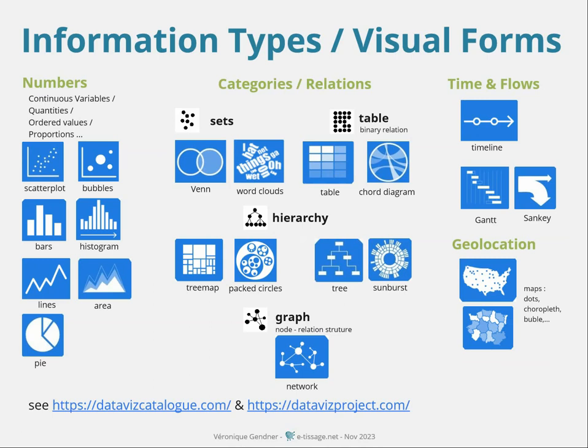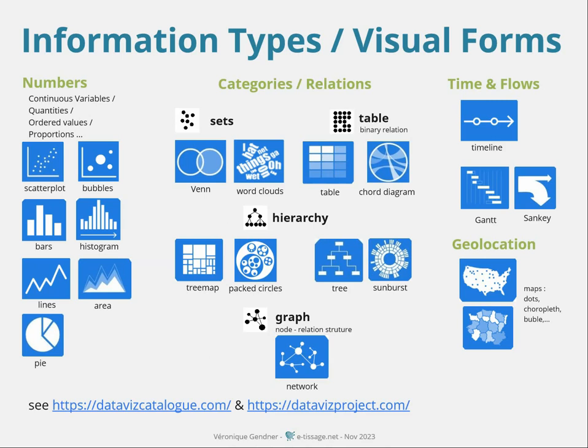4 main types of information can be identified: numbers, that are continuous variables, quantities, ordered values, proportions, and scatterplot, bar charts, pie charts, etc. are very popular to represent that kind of data. For textual data, what can be visualized are categories and relations.